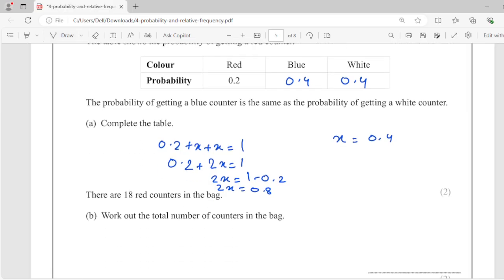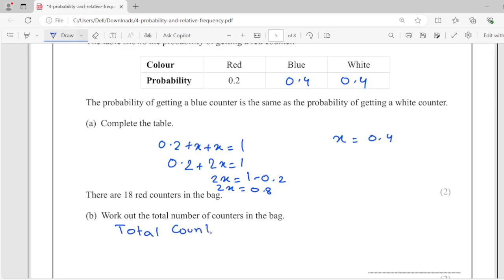There are 18 red counters in the bag. Work out the total number of counters in the bag. I can represent the total counters by x. 0.2x or 20% of x is 18. Now the probability of getting red is 0.2.